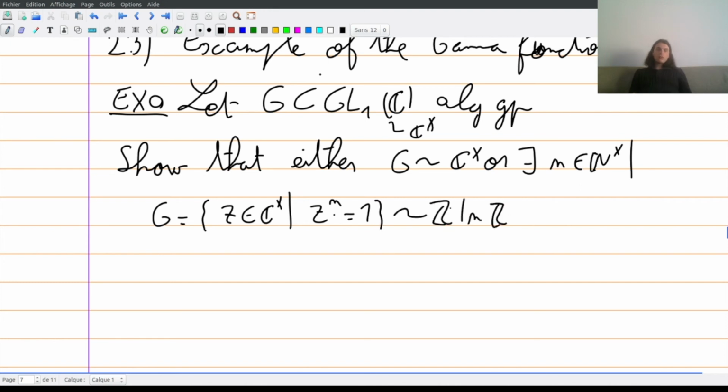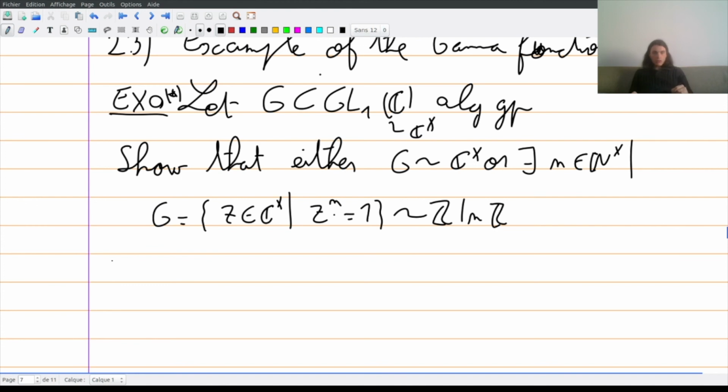It's not hard to see that both are algebraic groups, so C star and the roots of unity are algebraic groups. It's a little more complicated to prove that the converse is also true. So it's a hard exercise. I put a star here to show that it's a hard exercise, but it's worth doing.